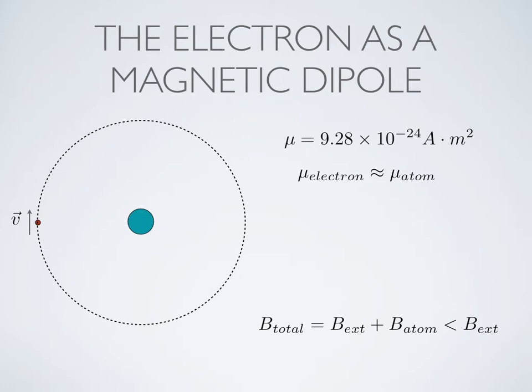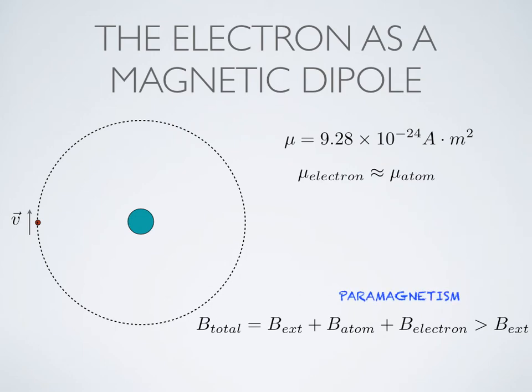The atom fights against it, and in some cases what happens is the electron's addition to the field is enough to make up for the atom's subtraction from the field, and therefore I do get an external field being sort of boosted by this electron effect. Now, this is going to happen when I have electrons that don't have paired partners. Remember from chemistry, the electron spins up and down are what give you the Pauli exclusion principle.